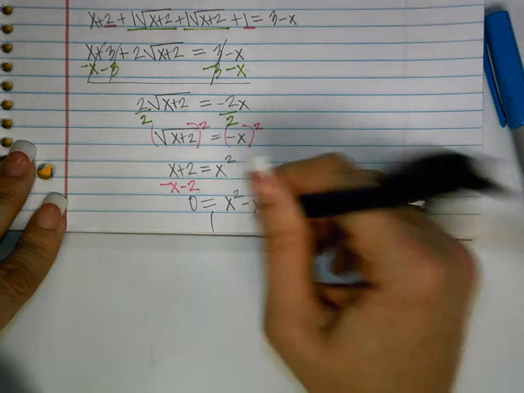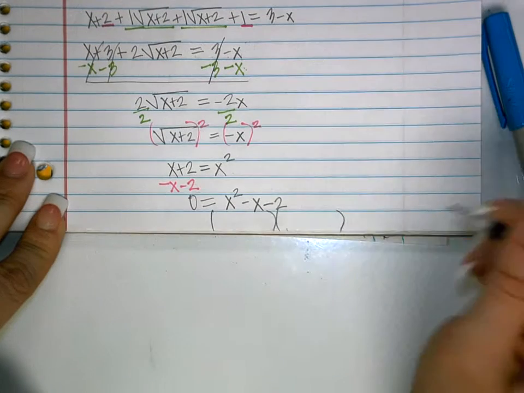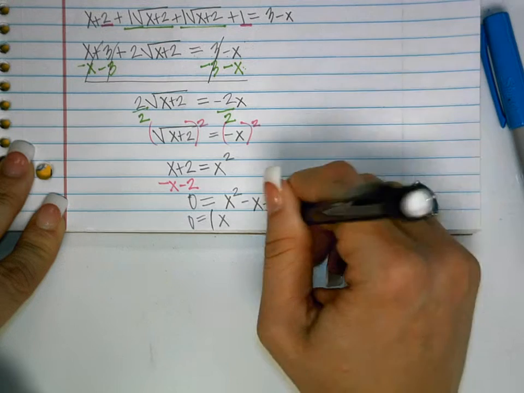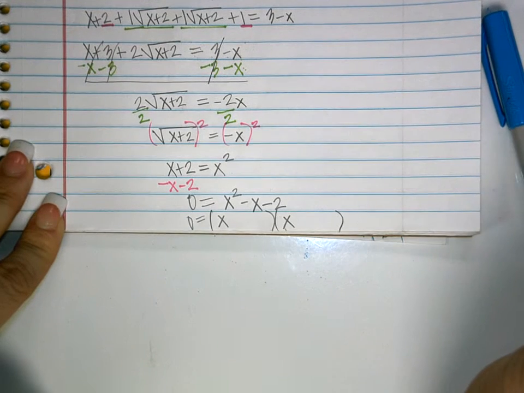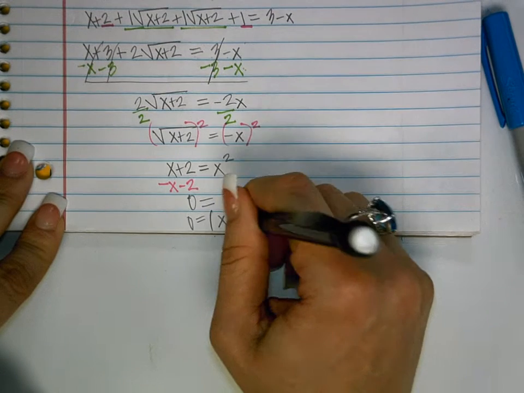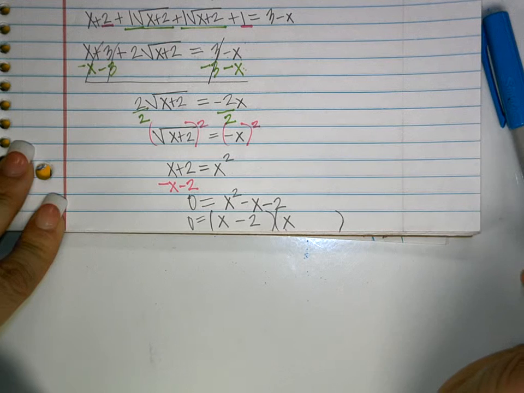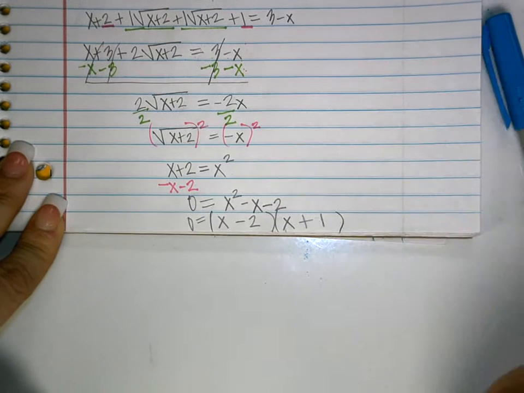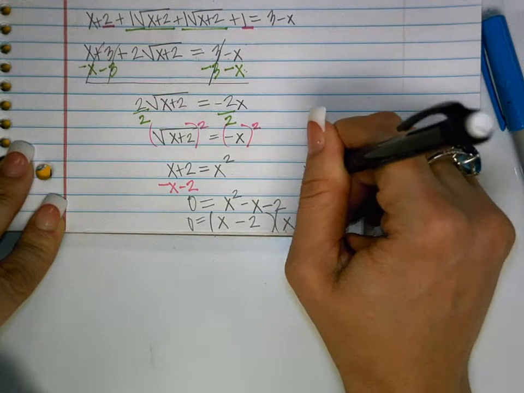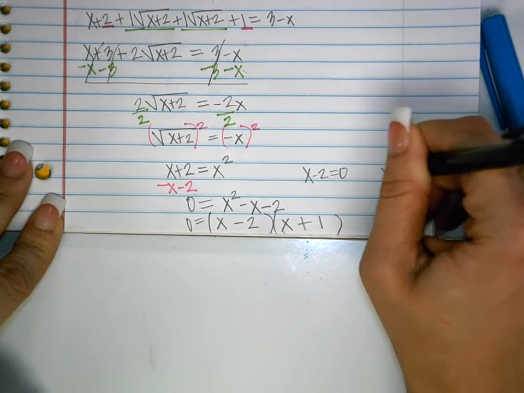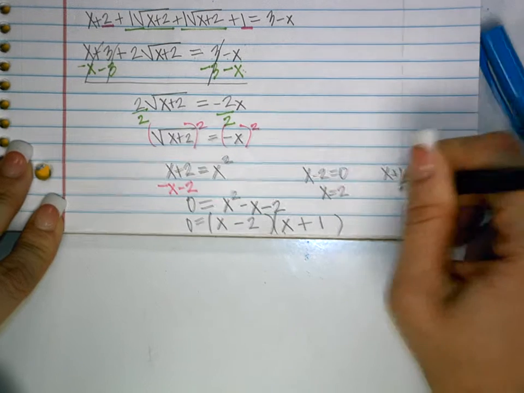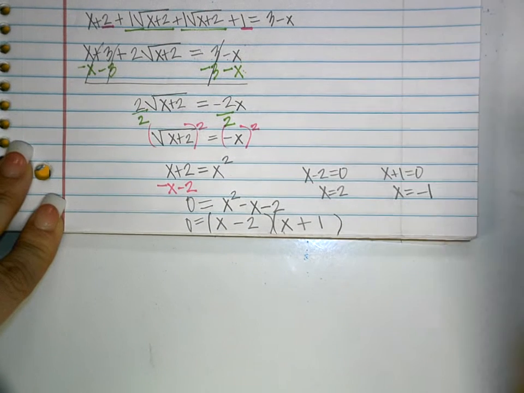How does that factor? Negative 2 and positive 1. If you break those up, we get x minus 2 equals 0 and x plus 1 equals 0. Move things over, x equals 2 and x equals negative 1.